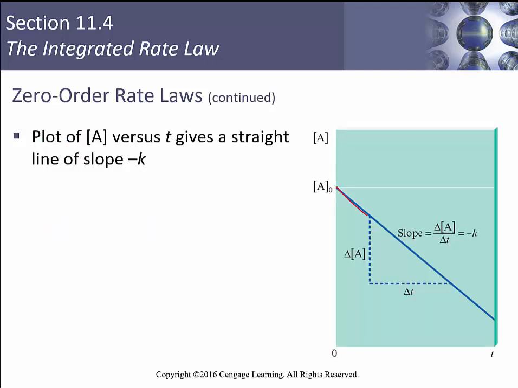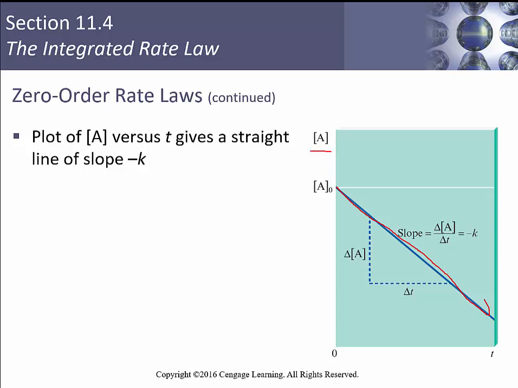So our regular old plot, just our data where you've got the concentration of A and you don't change it, gives you a straight line. That's 0th order. So to graphically determine if you've got 0th order, you plot up your raw data, concentration of A versus time, and that's a straight line.